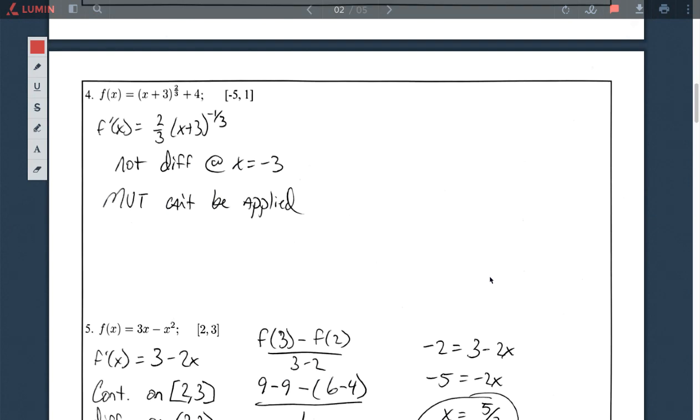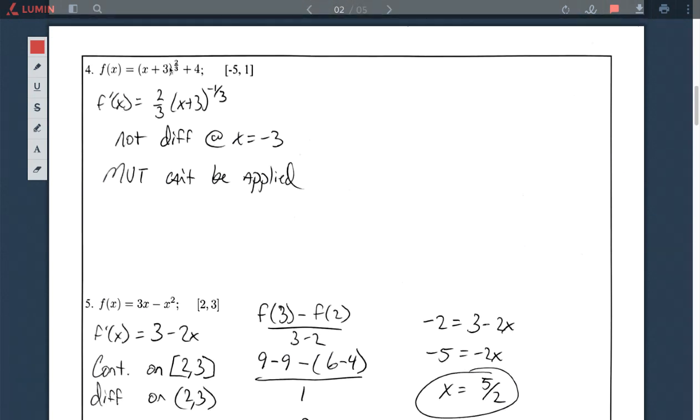All right. Number 4, no continuity issues. This is a cube root, so it doesn't matter if there's negatives inside. So we are continuous on the closed. If I take the derivative, however, 2/3 inside stays the same. Subtract 1 from the top.